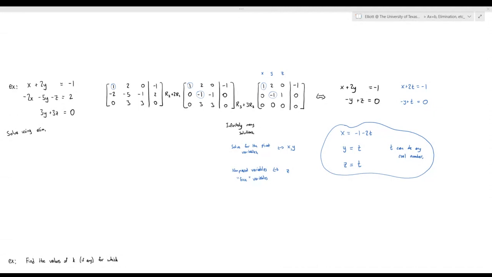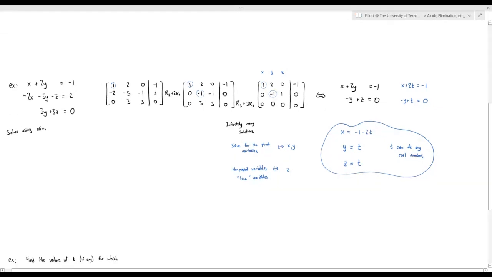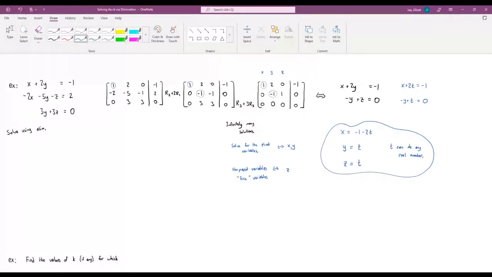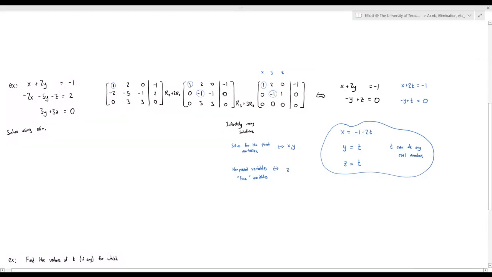So one of the main things I really want to highlight here though is how would you recognize that you have infinitely many solutions when you are doing your row operations, okay? So there's a common misconception that I always get from students. And I thought it would be nice if I cleared up this misconception right now. So many students will say that this will have infinitely many solutions because they see this row of zeros.